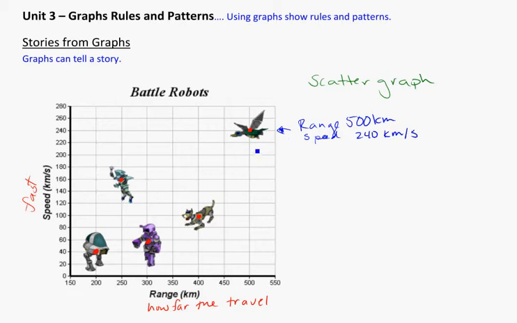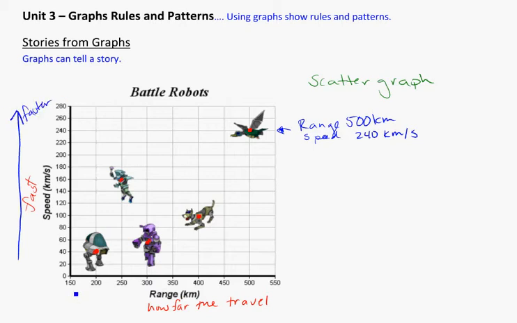Okay. Now compared to, let's say, the shark robot, who's faster? Well, you'll notice that the shark robot only travels at a speed of 160 kilometers per hour, and the bird robot travels at a speed of 240. So the bird robot is actually faster because it's further up. So the further up the graph you are, the faster you're going.